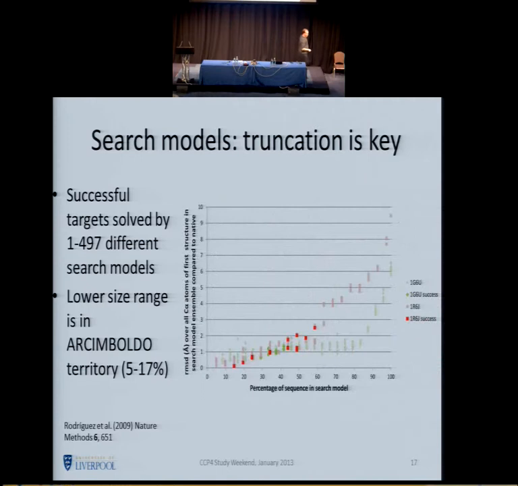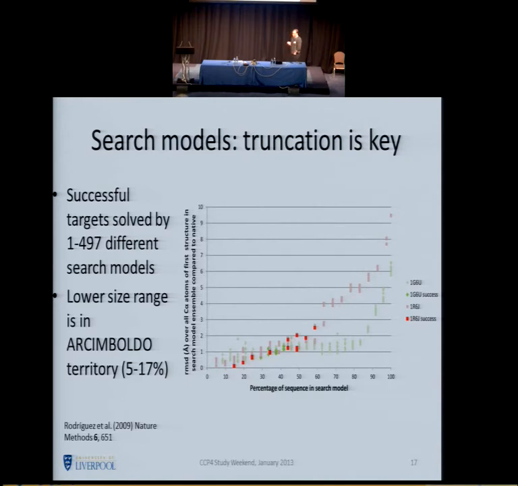This just illustrates for a couple of specific examples how the truncation works in producing smaller but more accurate search models. So if you look at the red trace, for example, here, you can see that the model as a whole, in other words, 100% of that search model, is terribly inaccurate. This is an RMSD of 10 angstroms, so the whole model is looking rubbish.